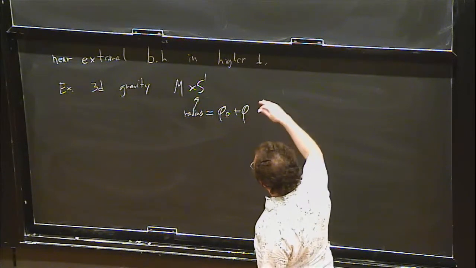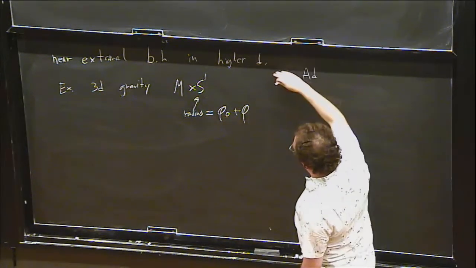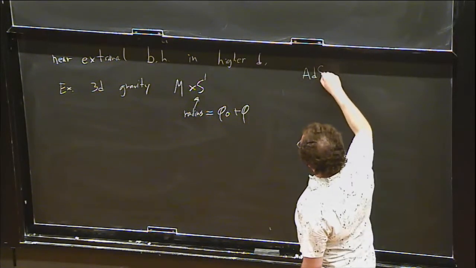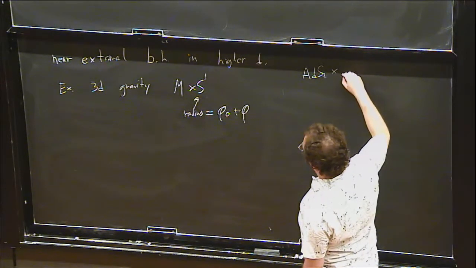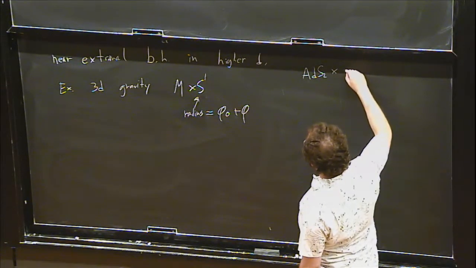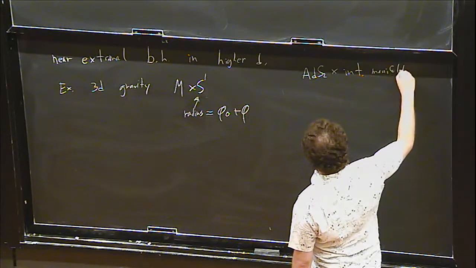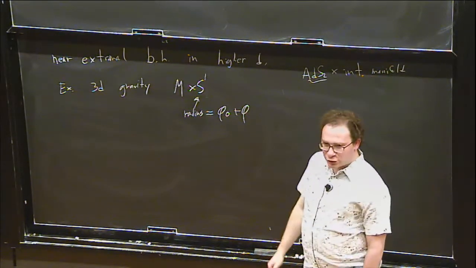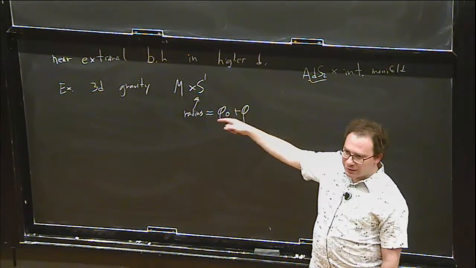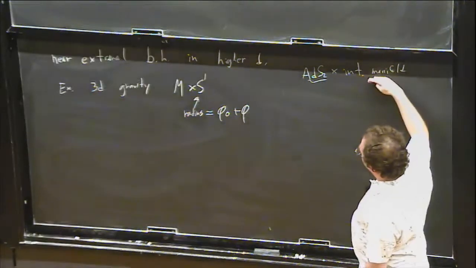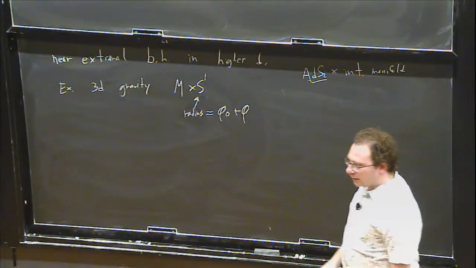This truncation is physically relevant if we had the extremal black hole: the near horizon would look like AdS2 times some internal manifold. And the effective physics in this AdS2 factor will look like JT gravity, where the dilaton is, again, the size of this internal manifold.